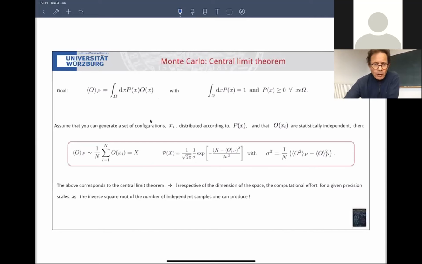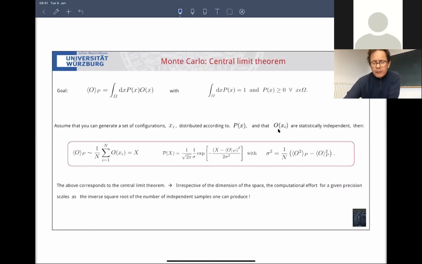So the Monte Carlo works with the following assumption. Assume that you can generate a series of configurations X_i, which are distributed according to P of X. And what comes here is very important, that the O of X_i are all statistically independent, right? So that the measurements you do are statistically independent is, of course, extremely important for the Monte Carlo.